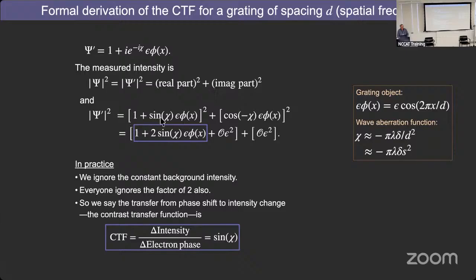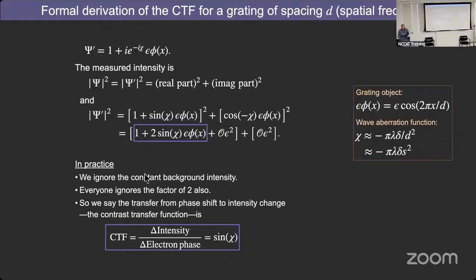If you expand the square, you get an interesting bunch of terms: 1 plus 2 times sine of chi times the phase shift, plus another term of order epsilon squared, and the entire imaginary part is also a term of order epsilon squared. Epsilon is small, so I'm just going to ignore epsilon squared. The main part of the contrast we're seeing comes from this term.